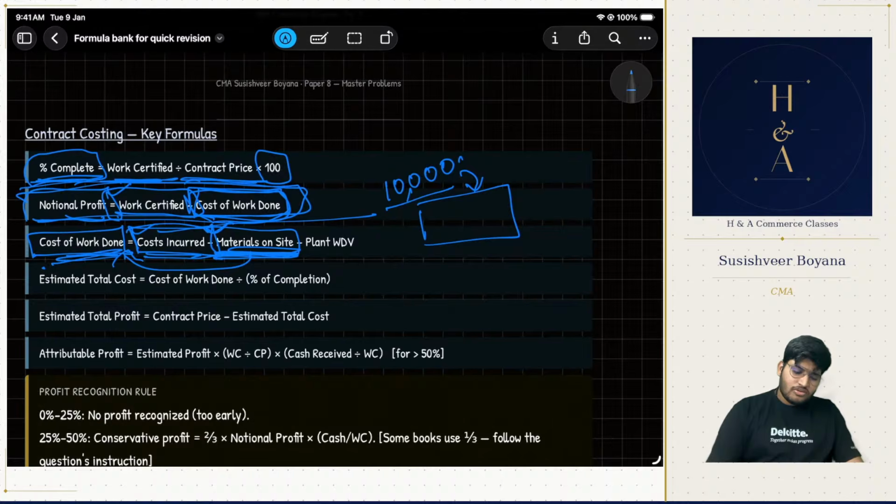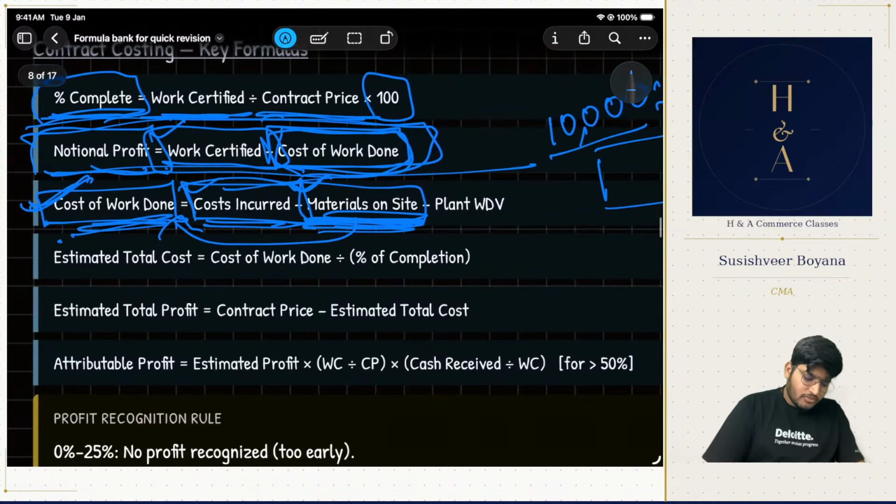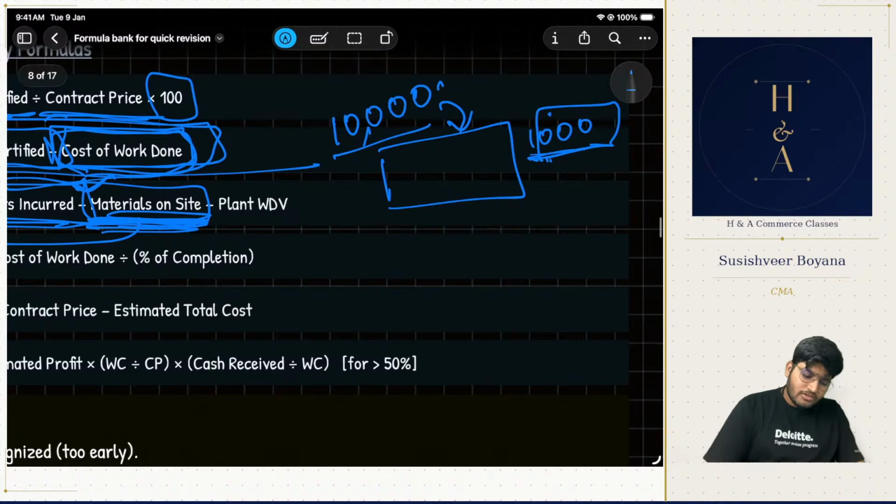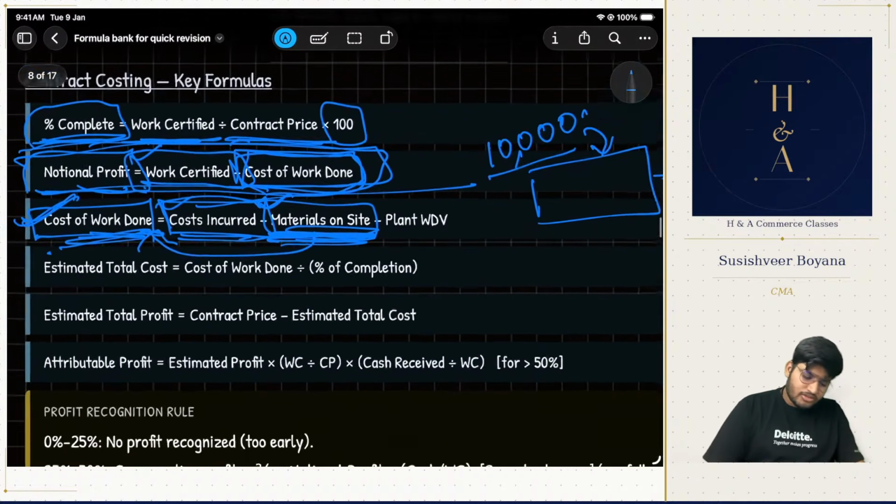But after speaking to the site manager, you got to know 1,000 of those units are actually not used. When these 1,000 units are not used, this shouldn't ideally be included in the site costing account, correct? So why would I include the 1,000 of unused material in cost of work done? That's the reason why I don't.